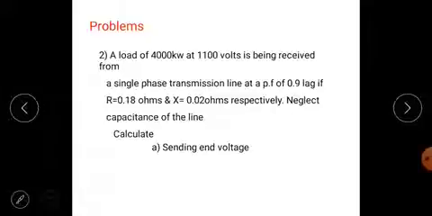So calculate the sending end voltage, that is Vs, and the current and the power factor.